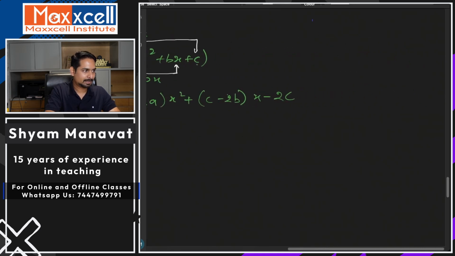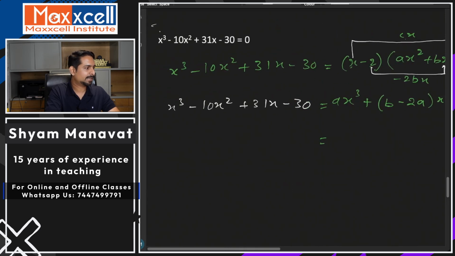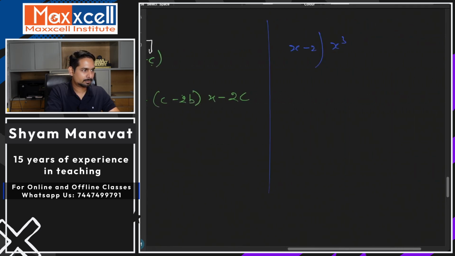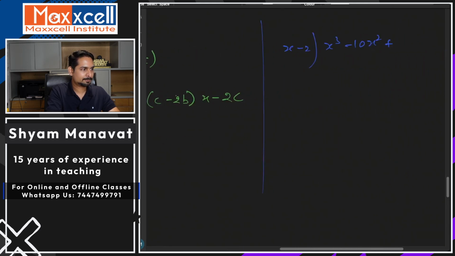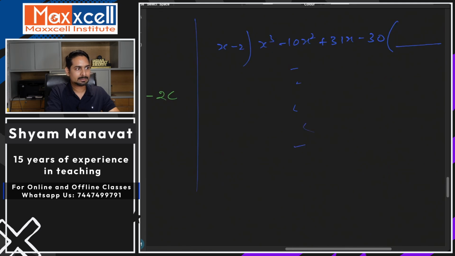As I said, the other method is: you got one of the factors as x minus 2, so you divide this expression, x cube minus 10x square plus 31x minus 30. Once you divide, you are going to get another expression which will be a second order expression, and then you should take that expression and factorize it again.